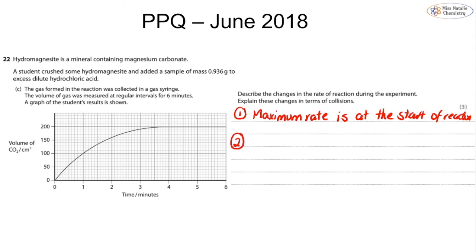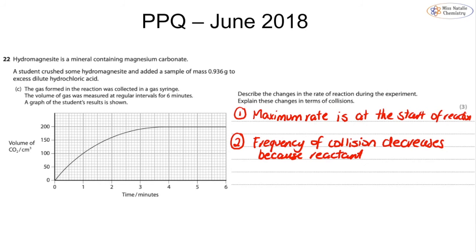As the reaction continues and as time goes on, what you find is the frequency of collisions decreases. Now, it's not enough to just say that it decreases, you need to explain why. And the reason that it decreases is because the reactants are being used up.